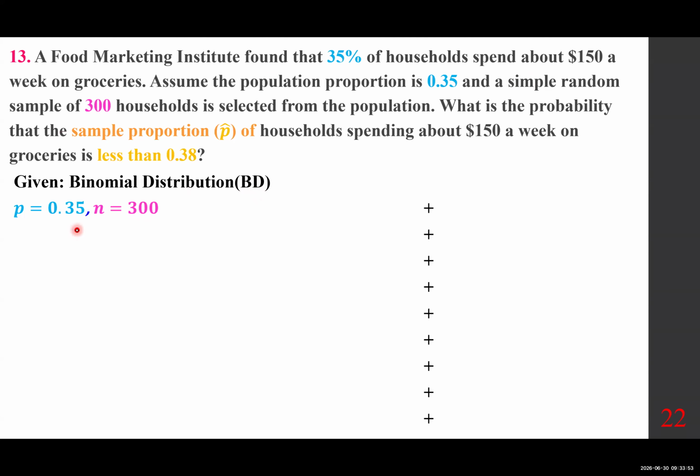If P is 0.35, Q must be 1 minus that, 0.65. And clearly NP and NQ must be large, and they are. Okay. So we want the probability that P hat is less than 0.38.